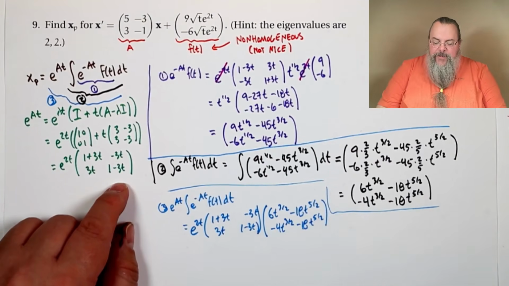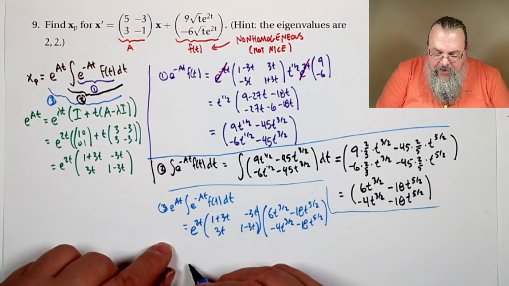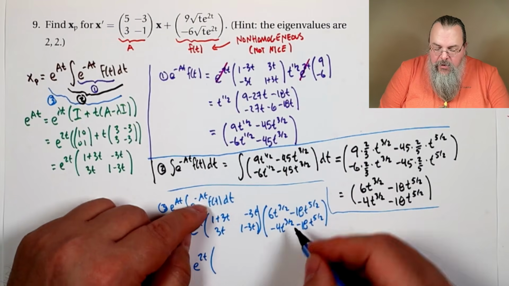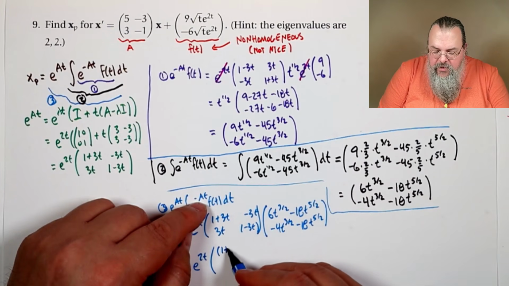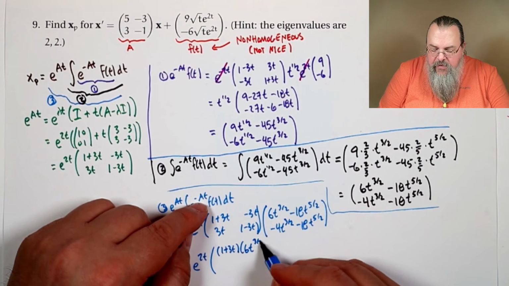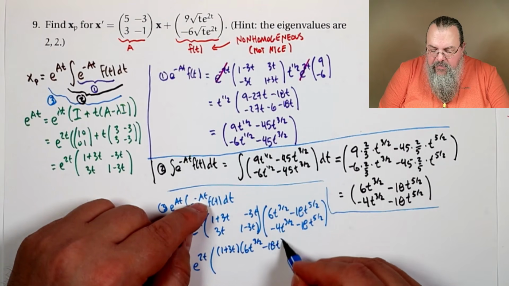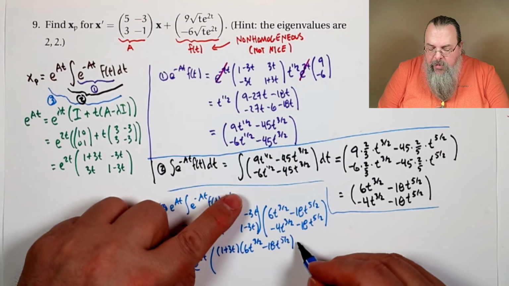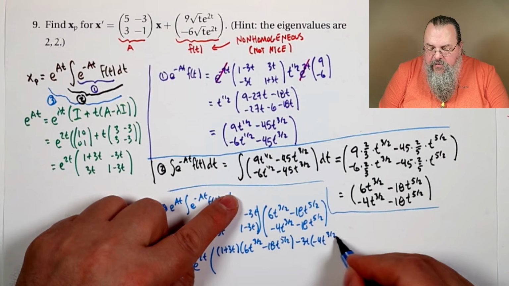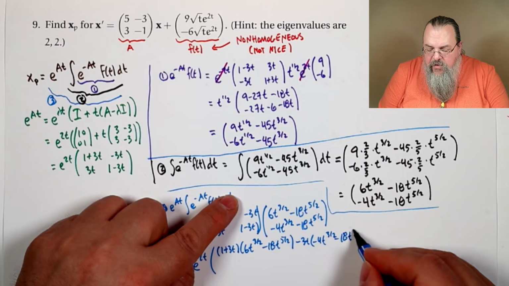Okay, matrix times vector. So we have our e to the 2t times, well, we're going to take 1 plus 3t times our 6t to the 3 halves minus 18t to the 5 halves, minus 3t times minus 4t to the 3 halves minus 18t to the 5 halves.